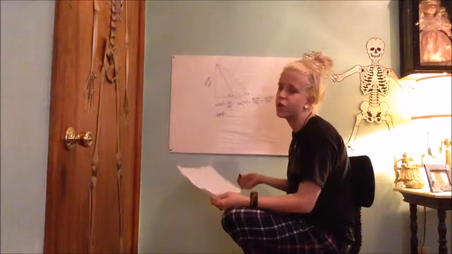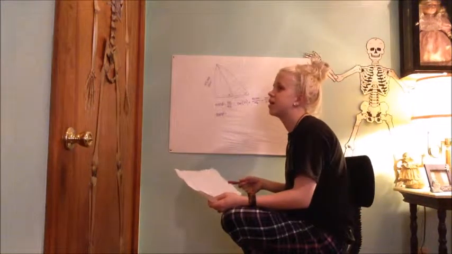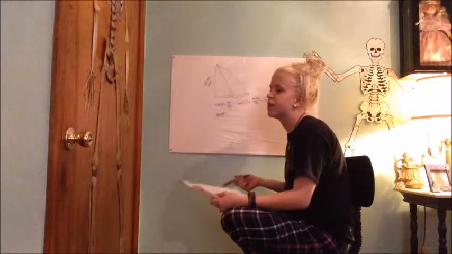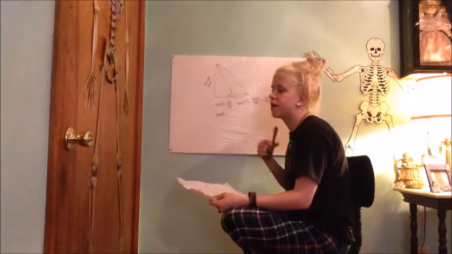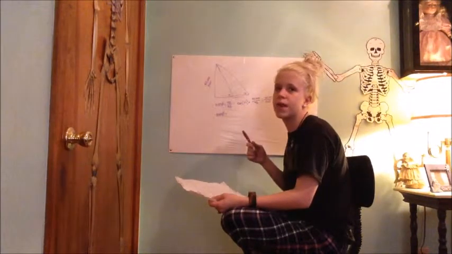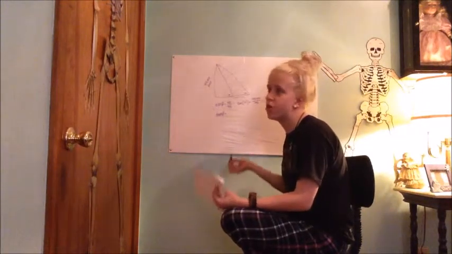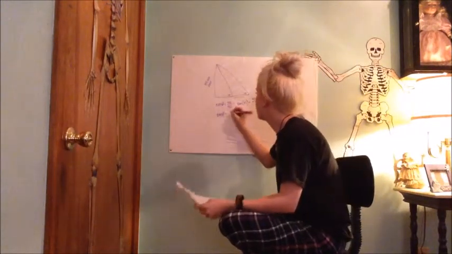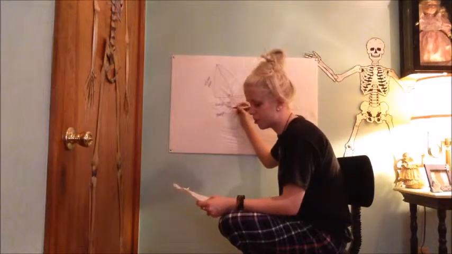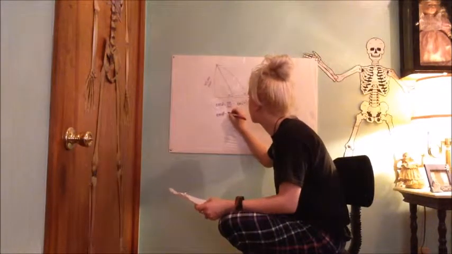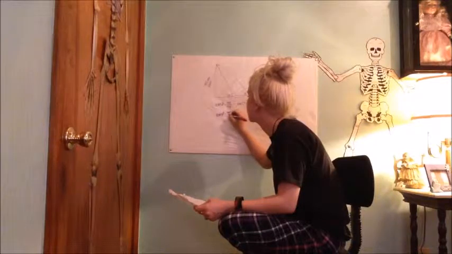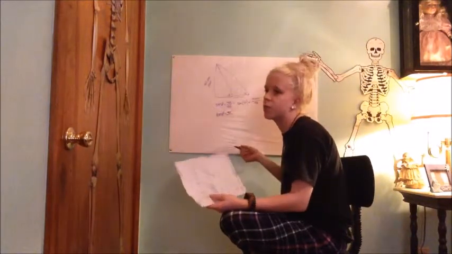You don't have to once you get it, but for me, I just feel like it keeps me on track. That way, if I get distracted or I have to drop it and go do something else, I can come back and figure out I was doing tangent. Better be safe than sorry. No teacher's ever going to get mad at you for putting that down there.